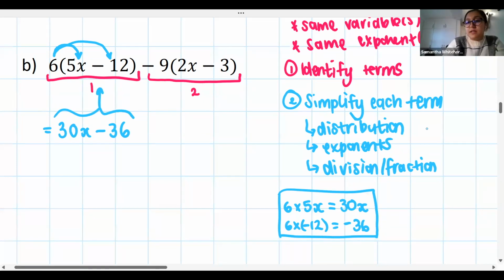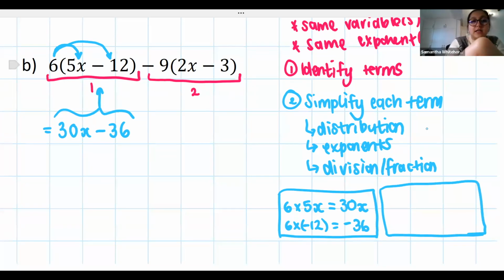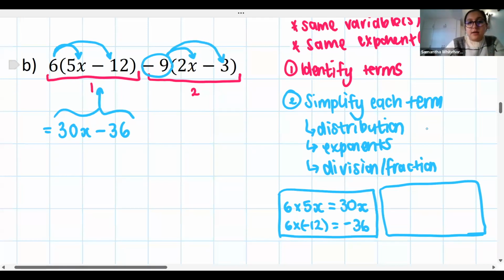I then need to do exactly the same thing with my second term. I need to take the negative 9 and multiply it to these two terms in my bracket. So I've got a negative 9 times a positive 2x. A negative times a positive is a negative. 9 times 2 is 18. And then I have my x. So I've got a negative 18x.